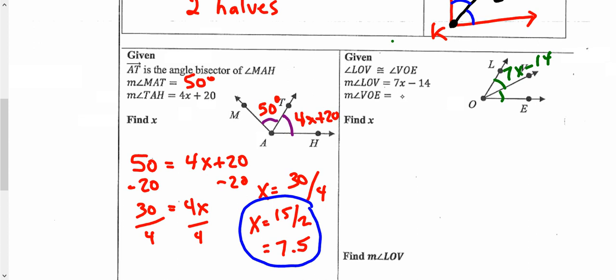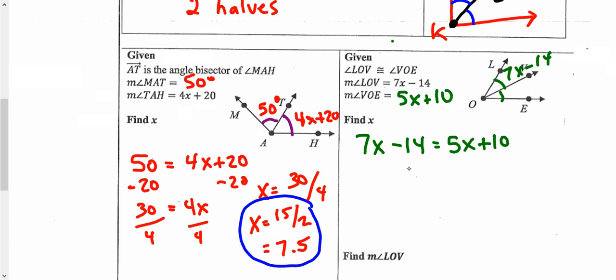So we could do this, for instance, as an expression. So let's try an expression this time. Let's make this maybe 5x plus, let's say, maybe 10. How about that? Okay, so now let's go ahead. It says find x. So let's set these equal to each other. So 7x minus 14 equals 5x plus 10.